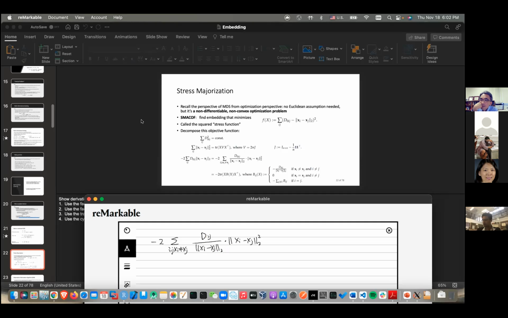So I think what we're trying to do here is, let's see, the sum over ij with xi not equals xj, of xi minus xj. This is what we have.